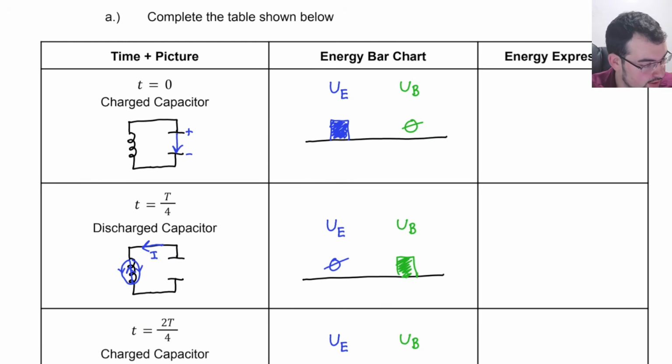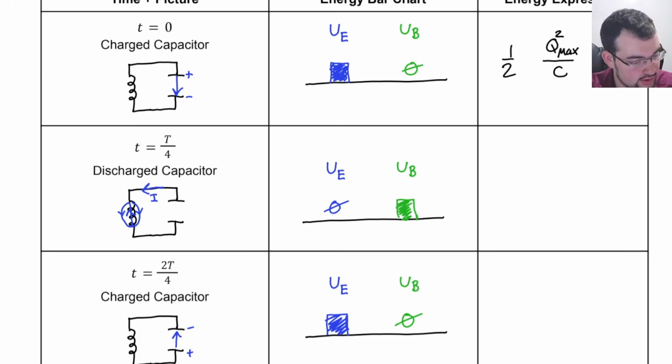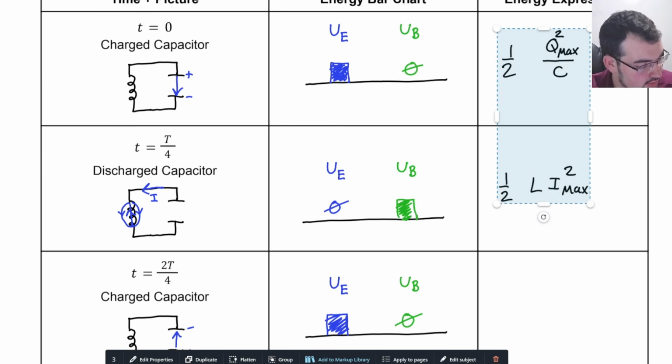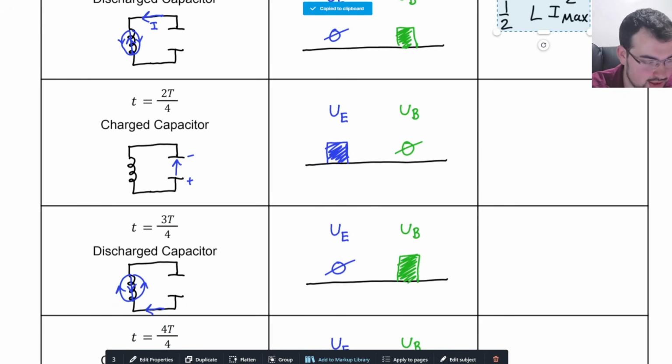So here, the energy stored on the capacitor is 1/2 Q max squared over C. That is one of our energy storage formulas for a capacitor. What's the energy stored in an inductor? Well, this would be 1/2 L I max squared. And then, watch this move, a double copy paste.